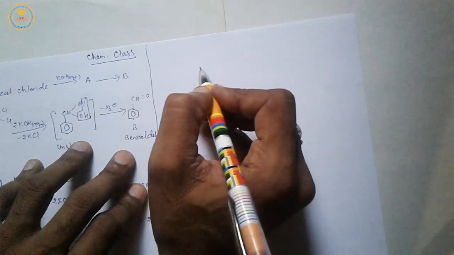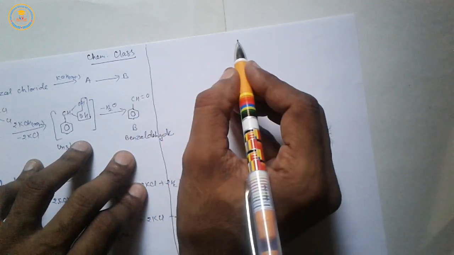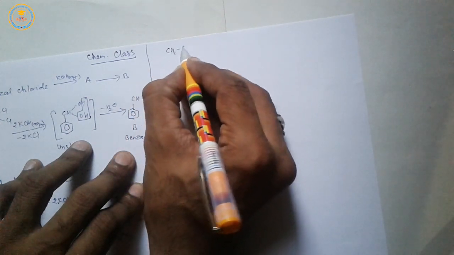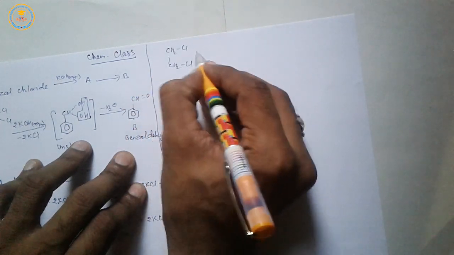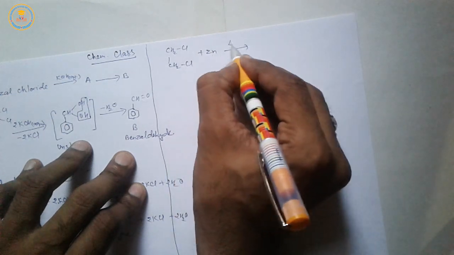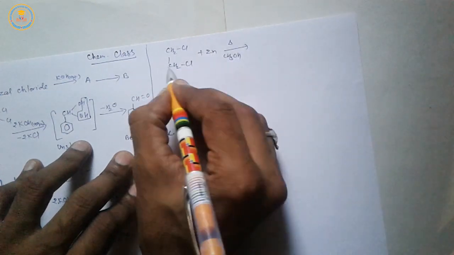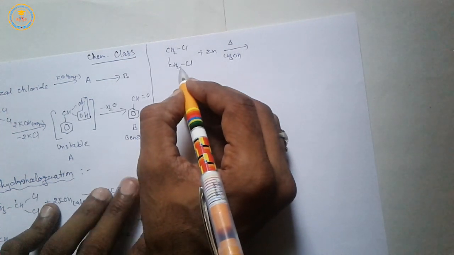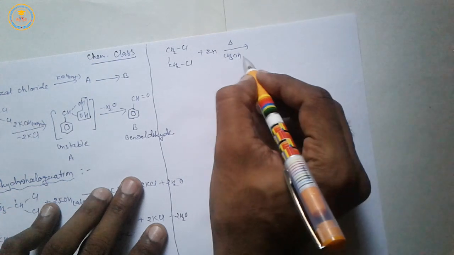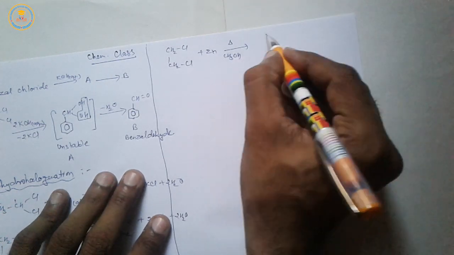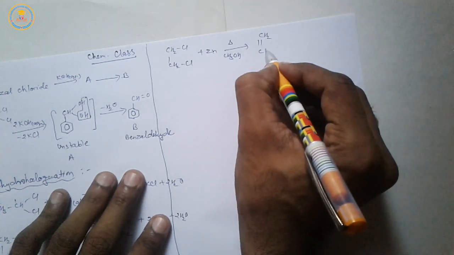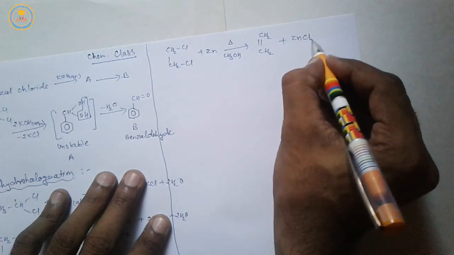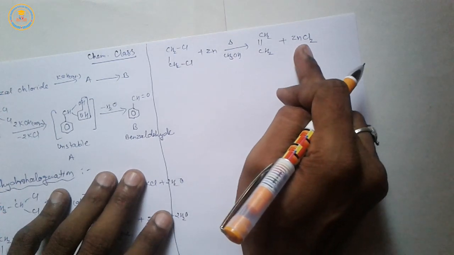And vicinal dihalide gives a same-carbon-atom containing alkene, very important. For example, it is a vicinal dihalide, 1,2-dichloroethane, treated with zinc in presence of methanol, then a same-carbon containing alkene is formed after removing a zinc chloride molecule.